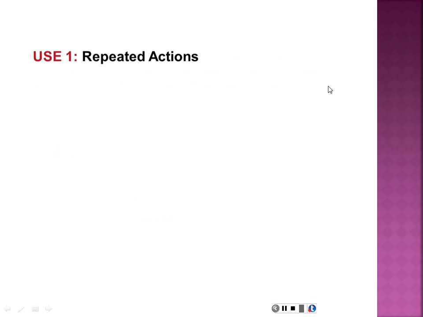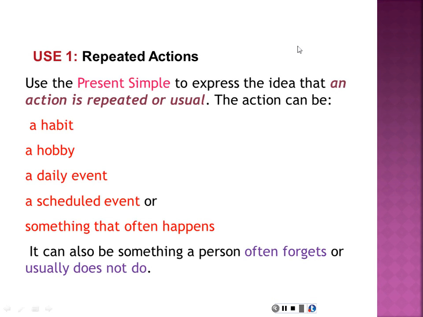In the next page we will find out what they mean. So, the first one, repeated actions. We will start with this one, repeated actions. So, use the simple present to express the idea that an action is repeated or usual. نستخدم الزمن الحاضر البسيط لنعبر عن شيء أو عن فكرة أو عن عمل متكرر أو شيء يحدث بشكل اعتيادي، بشكل غالب، بشكل يشكل عادة.